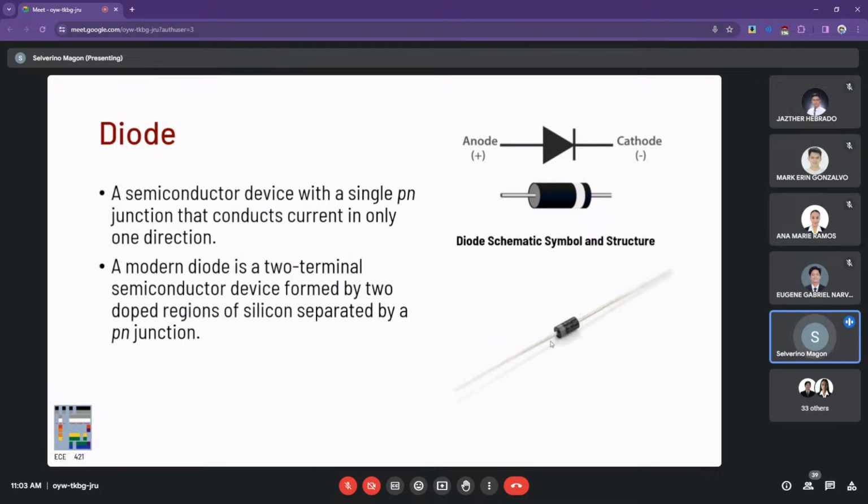It's possibly made of plastic or epoxy, depending on the manufacturer or the construction. But the semiconductor piece, the PN junction or the P-type and N-type material fused together, will be even relatively smaller than what you're actually seeing. So this is just the enclosure, and the actual device is inside of it, which is really a very small piece of semiconductor materials joined together.